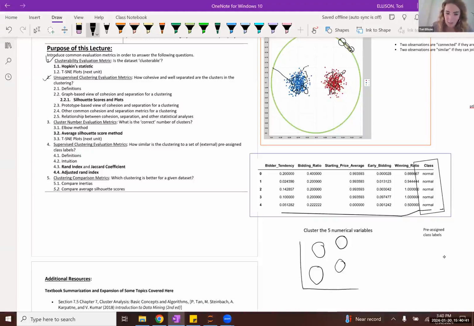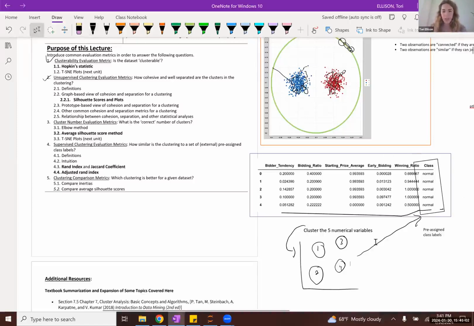And say for instance, we identified this as a cluster, this is a cluster, and this is a cluster from our 5 numerical variables. And so we're going to ask ourselves not the question of how well did our clustering algorithm predict the class labels. So that's not our goal. That would be a supervised learning analysis.